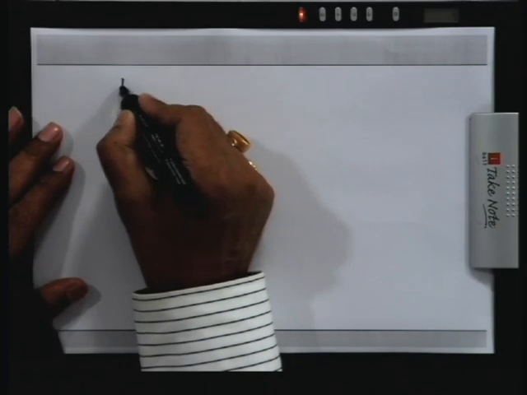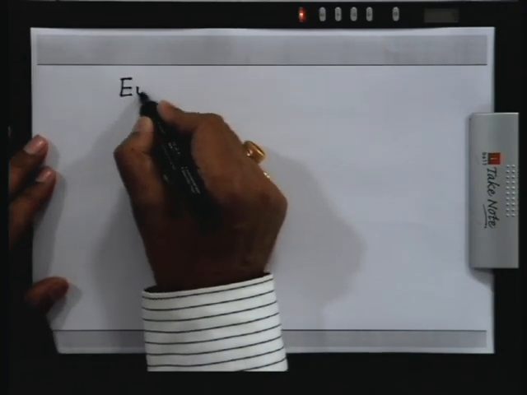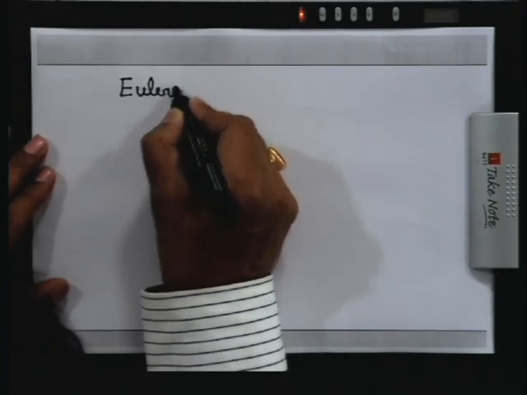Now, to avoid these difficulties, another method has evolved, which is known as the Eulerian approach, due to Leonhard Euler.